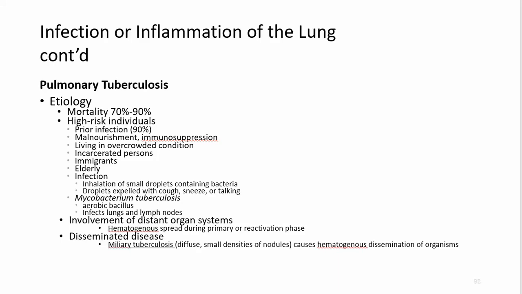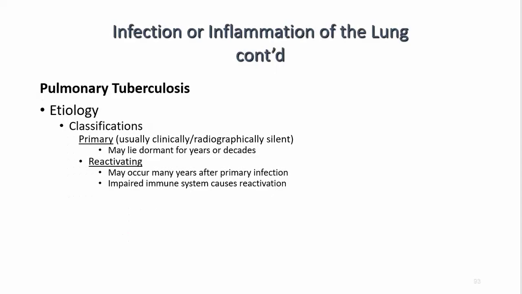It can go to other organs. It can spread via blood and infect other organs. And that'll be called disseminated. So the primary is the initial infection.